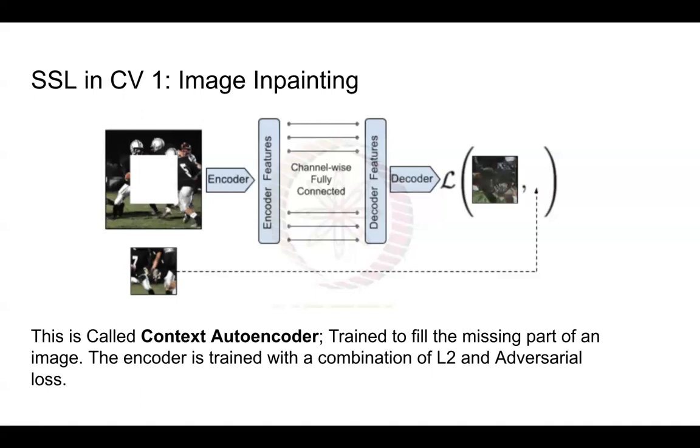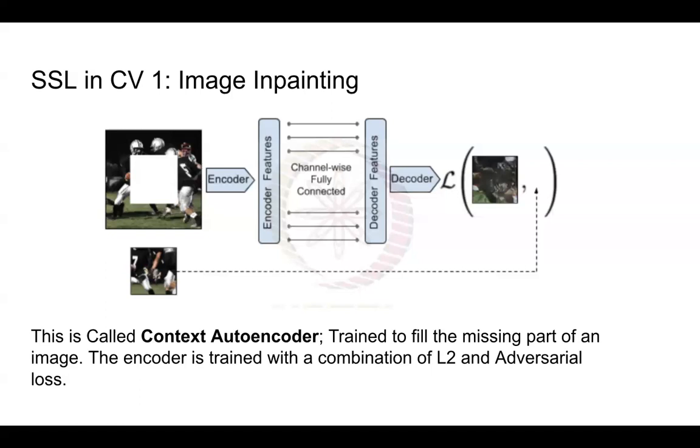So you put that in place, and you took the L2 loss and the adversarial loss. After training, the model will be able to paint what is missing inside an image. And this is called the context autoencoder.